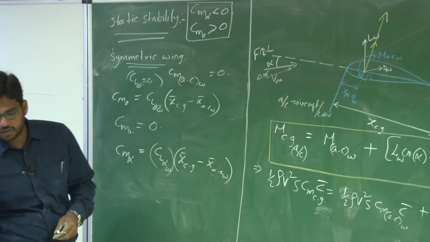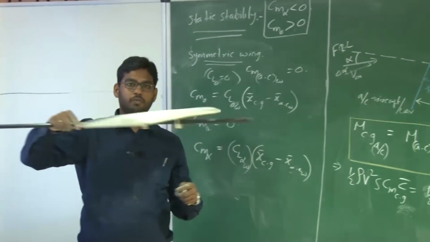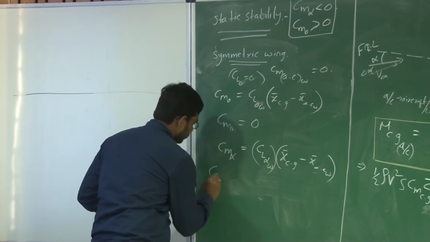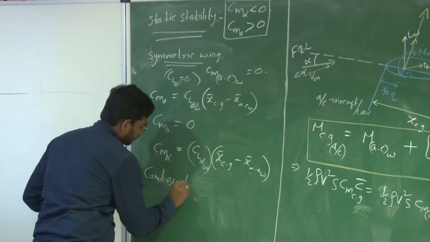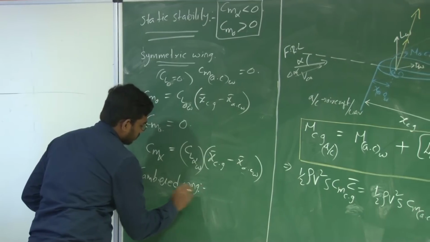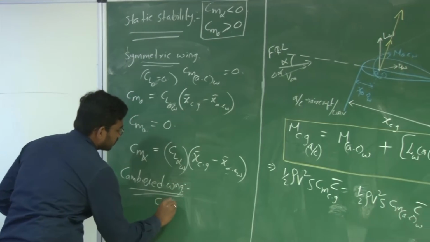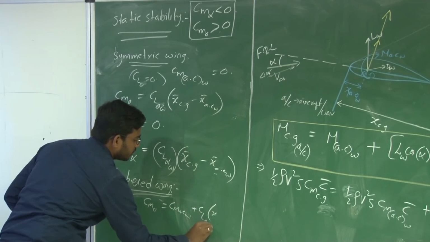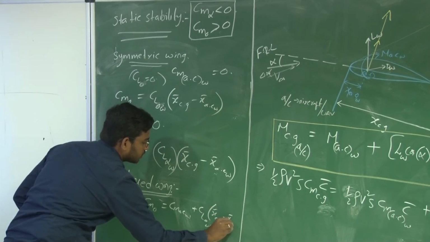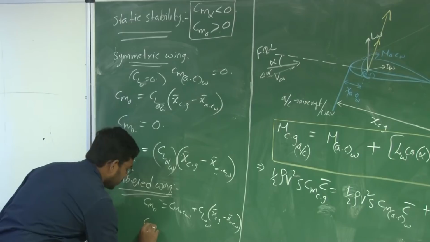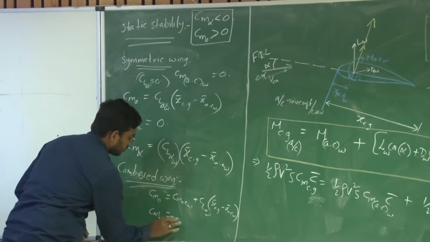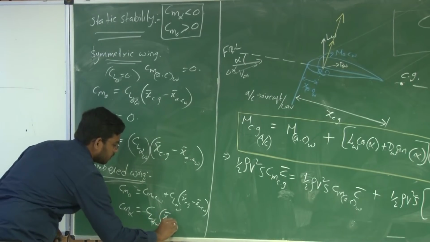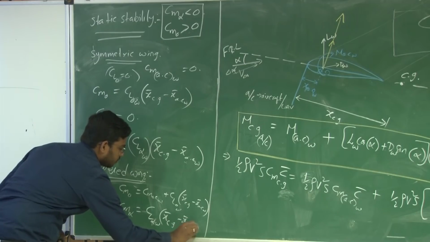So in the other case, the cambered aerofoil case, where the Cm about the aerodynamic center is negative, Cm naught equals Cm AC of the wing plus CL naught into x bar CG minus x bar AC, right, and Cm alpha equals minus CL alpha of the wing multiplied by the distance between AC and CG of the wing.